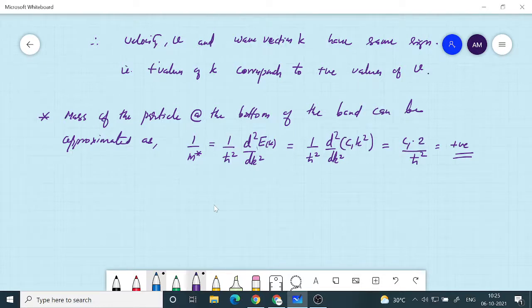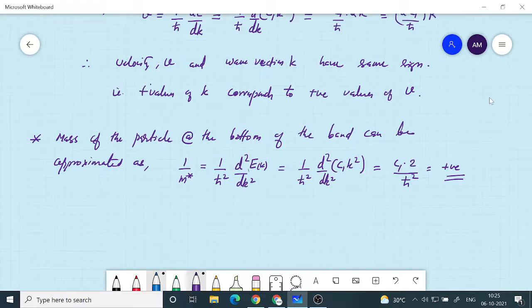The second derivative is also called the curvature, and so the inverse mass is proportional to curvature. So if there is more curvature, we have less mass. More curvature means 1 by m star is larger, and m star is smaller. So if you have a bigger curvature, you have a lesser mass.